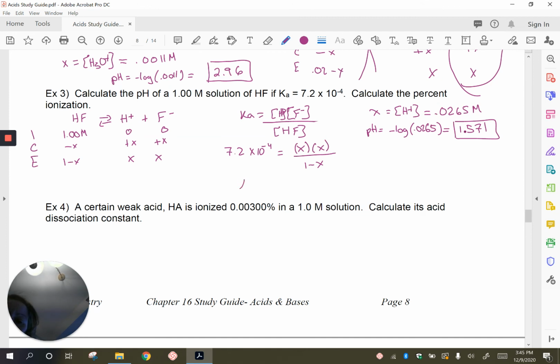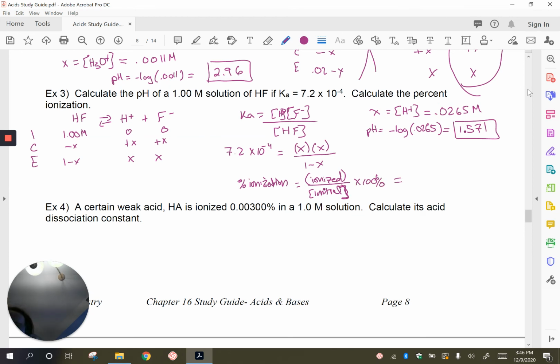So percent ionization is equal to what's ionized over the initial concentration of the acid, times 100%.